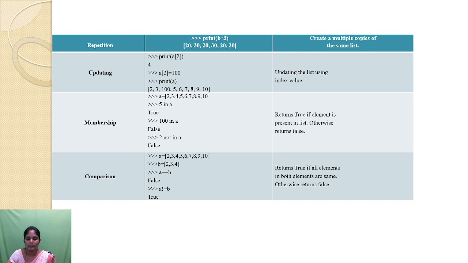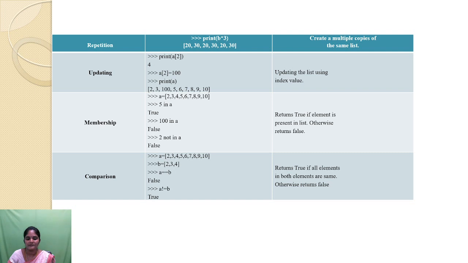It produces a boolean value, true or false. 5 in a is true. Next, 100 in a is false. Next, 2 not in a: 2 is present, but since we check 2 not in a, the answer will be false.